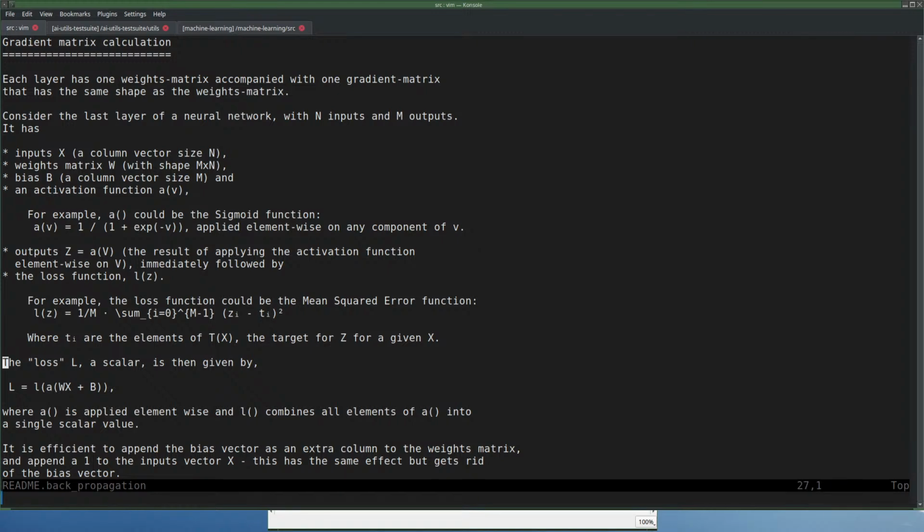The loss L is a scalar and it's given by L is some function of the activation of the weight matrix times the input plus the bias, where A is applied element-wise and L combines all elements of A into a single scalar value.